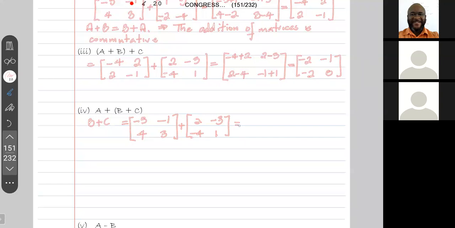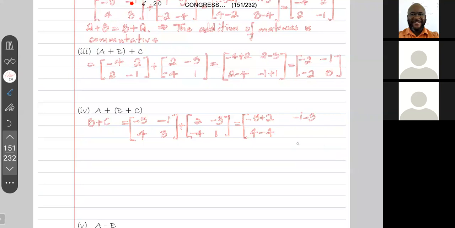So B plus C, this would be minus 5 plus 2. Remember, when you're adding two matrices, we add corresponding elements. This would be 4 plus minus 4, which is the same as saying 4 minus 4. Minus 1 plus minus 3, which is the same as saying minus 1 minus 3.